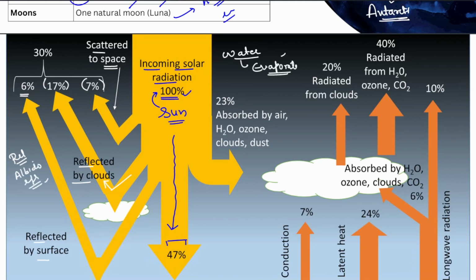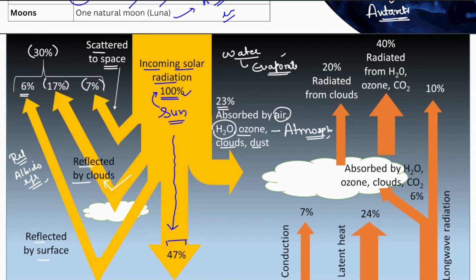All right. So what happened to almost 30% of the sunlight? It got reflected. So 47% we utilized, 30% got reflected. Now 23% remains. This is absorbed by the air, H2O, ozone, clouds, and dust, that means in the atmosphere.